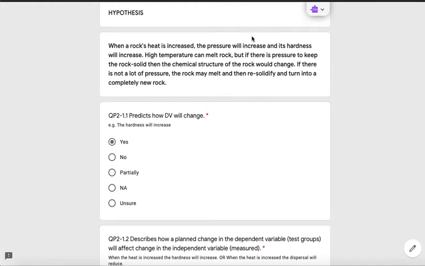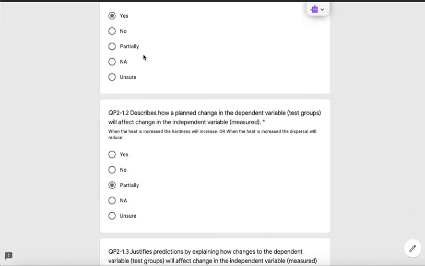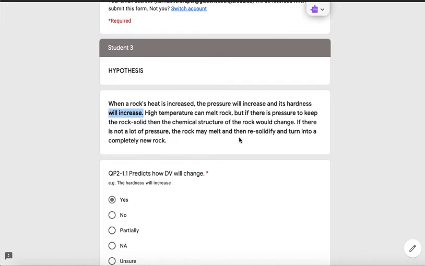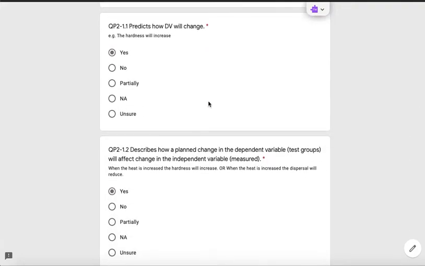Have they met that criteria? Well, they've told me as heat's increased, the hardness will increase. So yeah, they've got that right. I think I put partially there before because I did have it slightly incorrect with that pressure one there, but overall they actually did tick it and get it right. They just had a little bit of stuff in between that needs to be addressed.